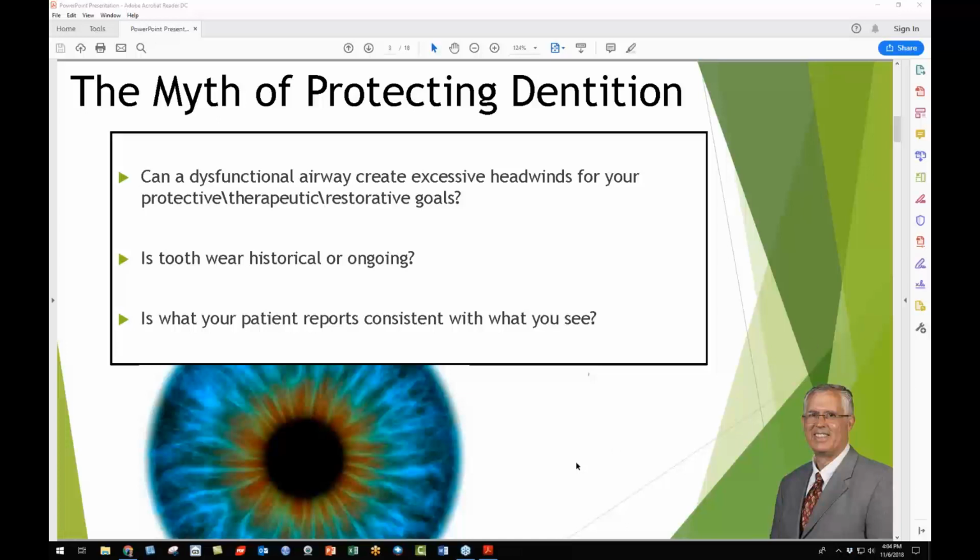And the third item is, when you look at your patients, is what your patient reports consistent with what you see? My background is in sleep, and I've developed sleep diagnostic instruments, and so I know already that sleep is a tricky thing to ask the person that you're treating, because they're asleep.